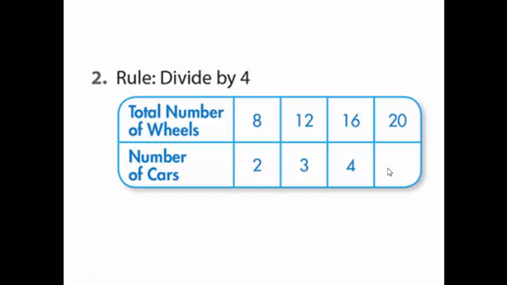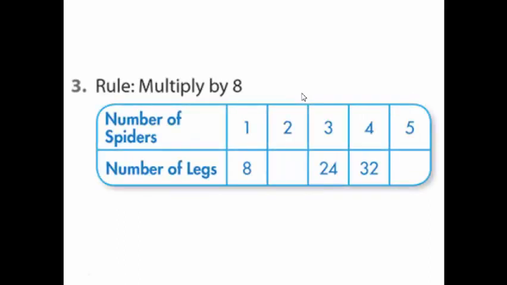Where is this missing number? Who can answer, if we have this rule, divide by 4? I have 12 and we said divide by 4, it equals 5. So right now let's move to the next question.